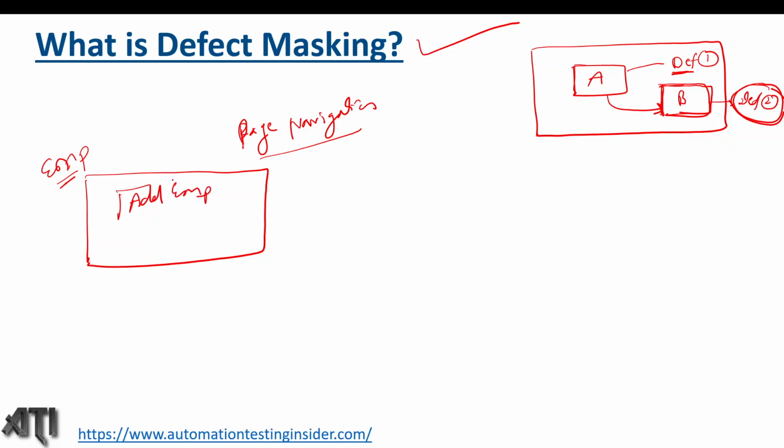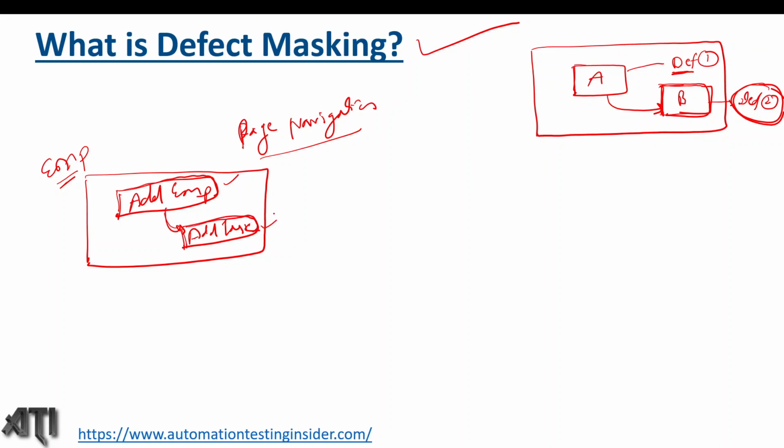This is one page, page 1, add employee, and there is another page called add task. We cannot go to the add task page unless we navigate to the add employee page, right? We found a defect over here in add employee. We are not able to navigate to this page, so we cannot go to the add task page. This part will be unnoticed, right?